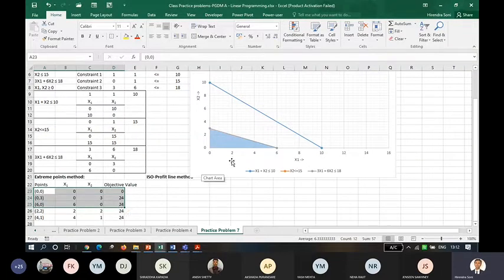So that itself says that instead of one maximum solution I have got 2 maximum solutions.